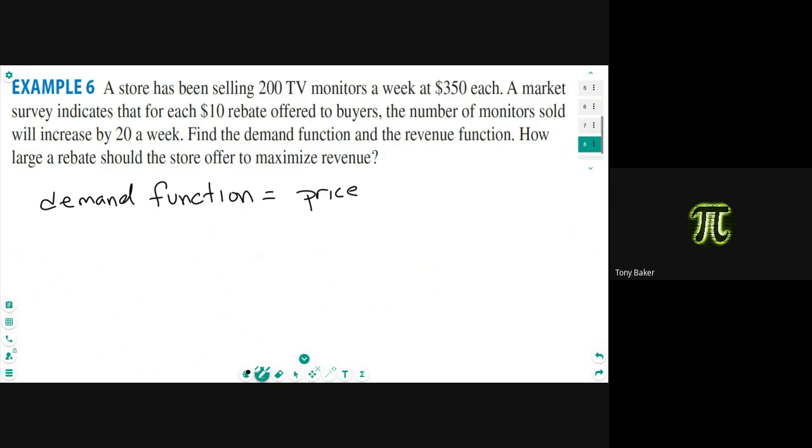It's also known as the price. And then revenue is X times the price function. It's a rebate. A coupon, taking money off.